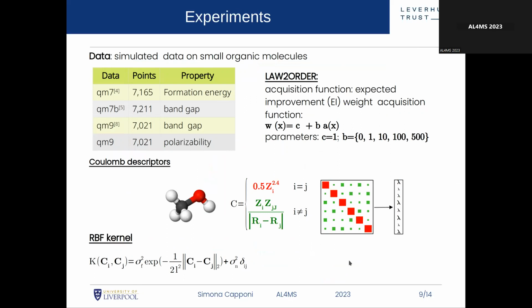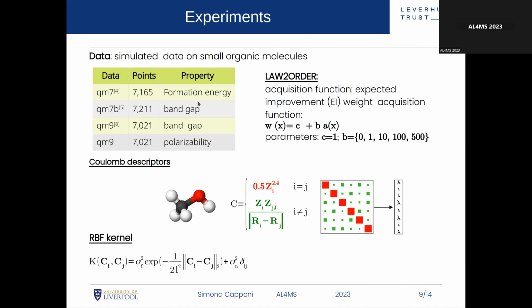We choose a linear function of the acquisition function for our experimental settings. And we actually fix one term and we vary the B, which is the factor which tunes somehow the weight of the acquisition function. So the higher is B, the more the quality is enforced over diversity. We choose as our benchmark datasets some datasets taken from the quantum datasets.